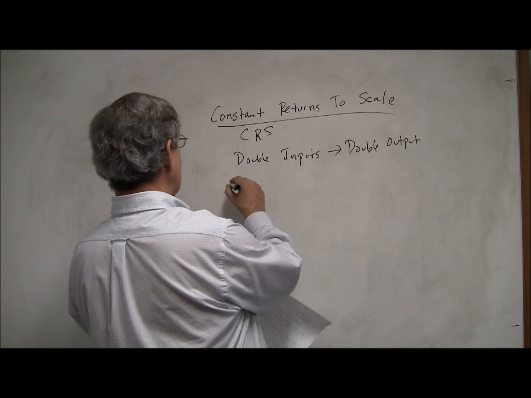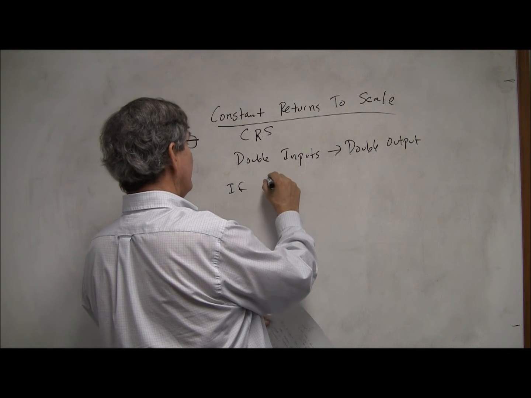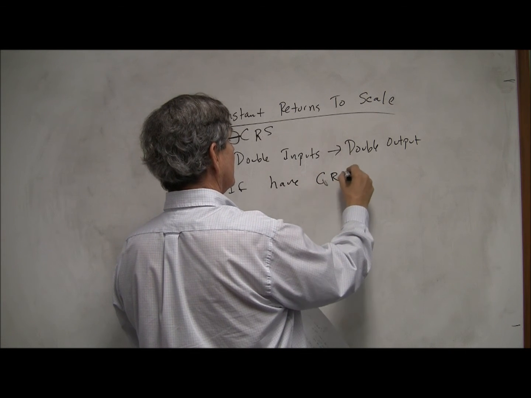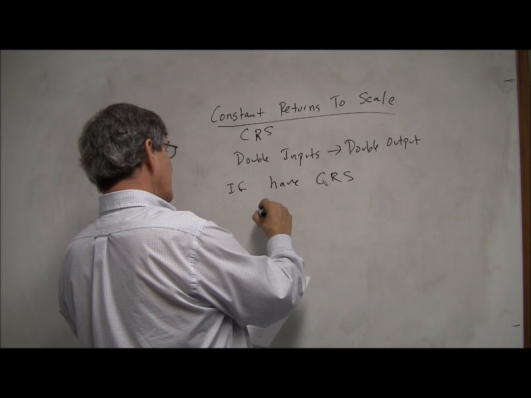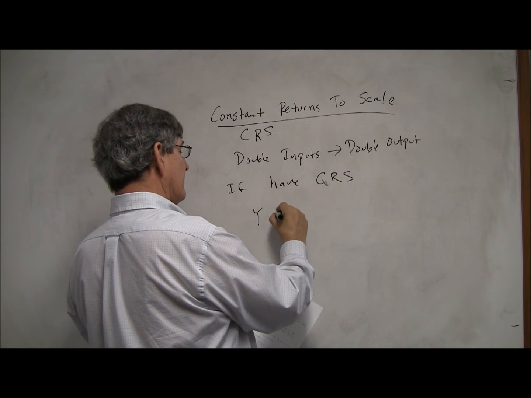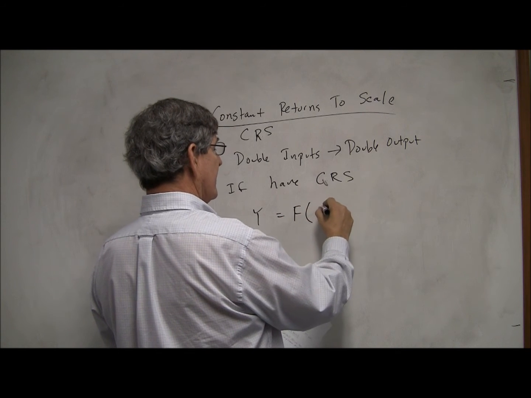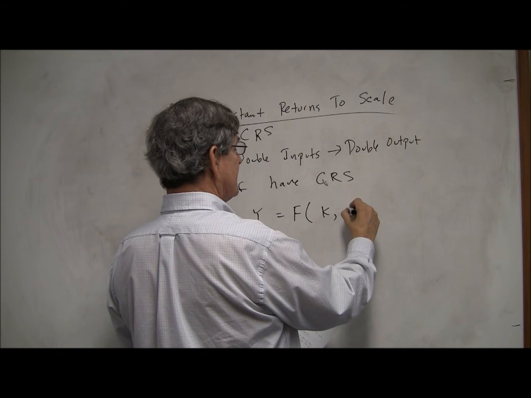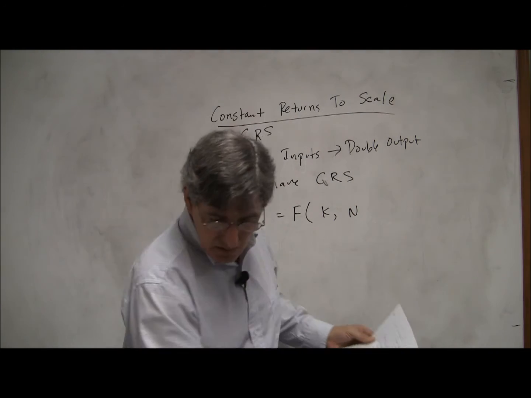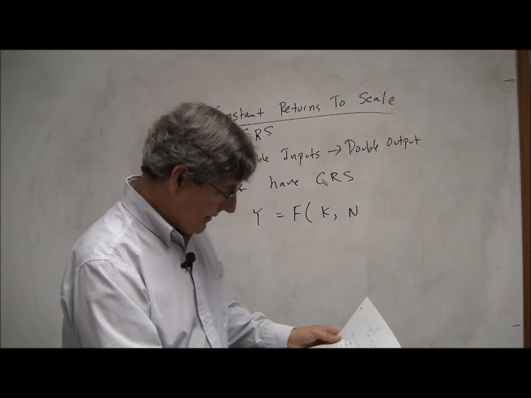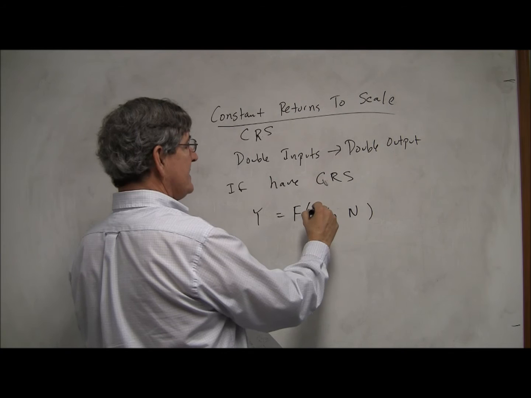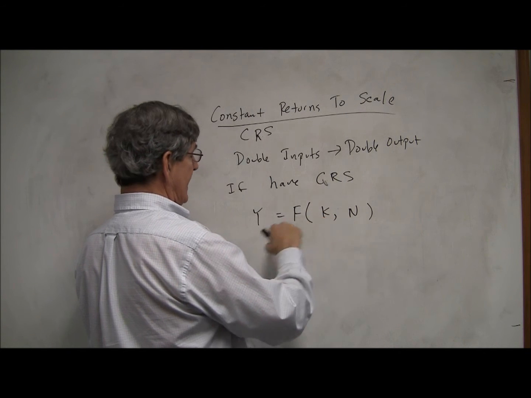So what it means is if you have constant returns to scale, then say I have y equals f of k and n. Am I using n or l? We've been using n. Sorry, I wrote l right here. It's n. What this means is that if I double the inputs, so my inputs are k and n, I get y.